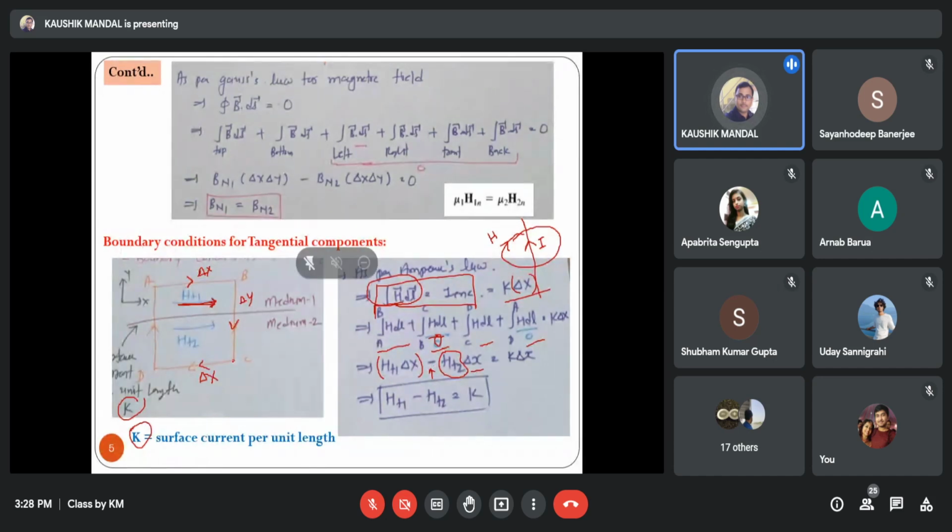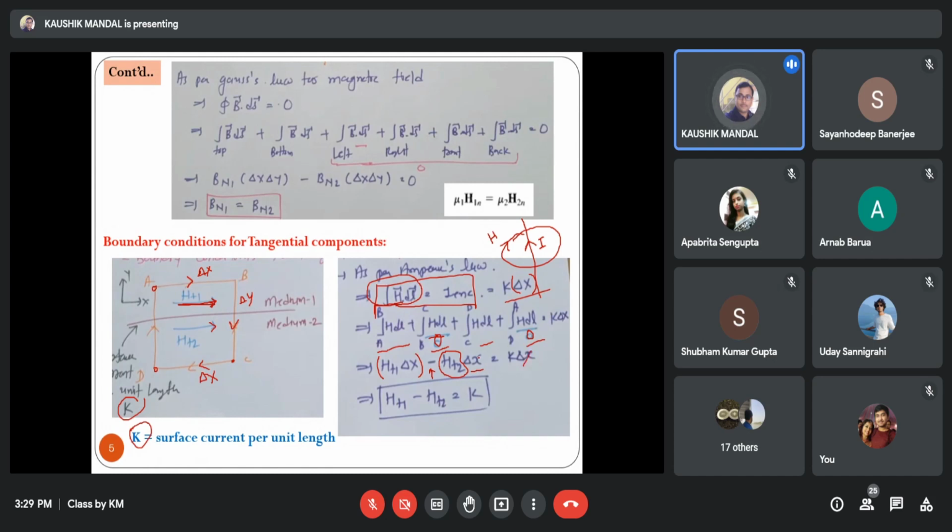We are moving from point C to D, but the tangential component is from left to right, so there will be a negative sign. Next, from D to A there is no tangential component, so it will be 0. So finally we got Ht1 into del X minus Ht2 into del X equal to K into del X.